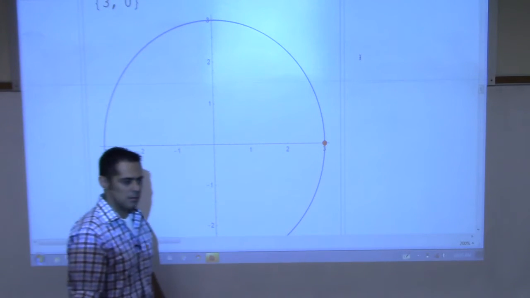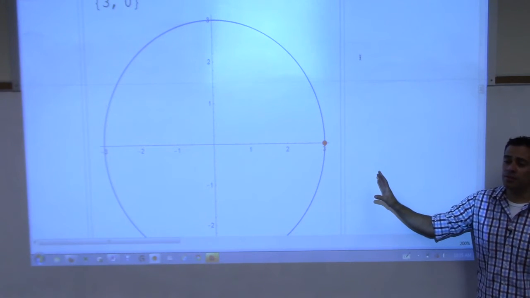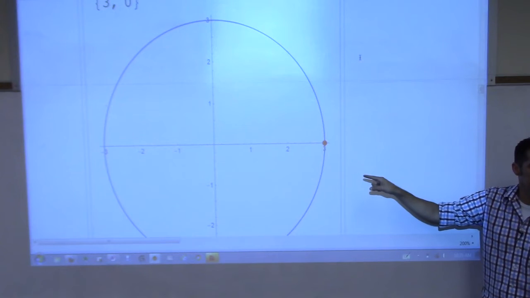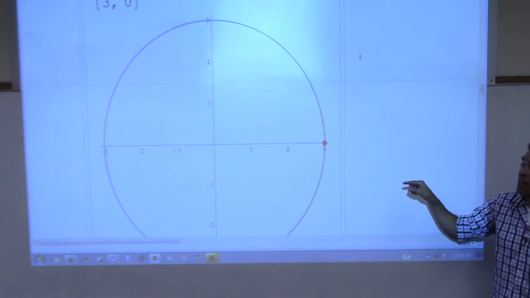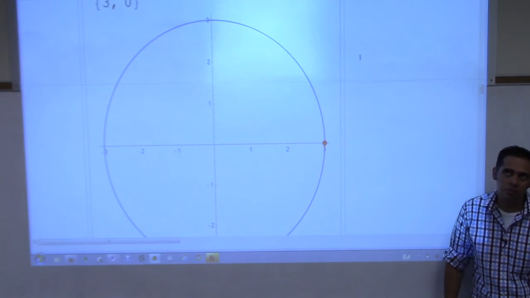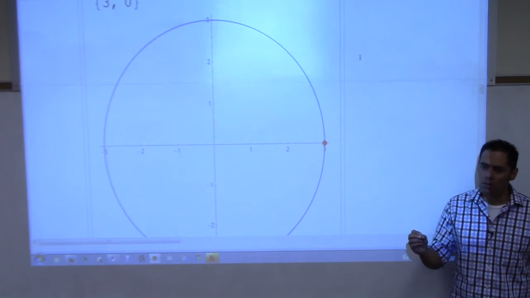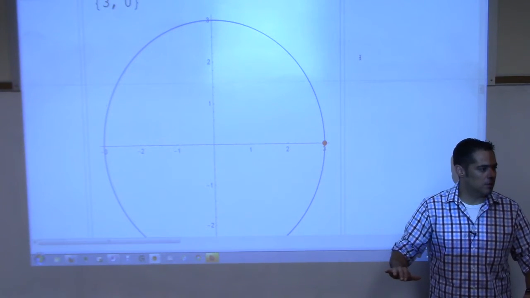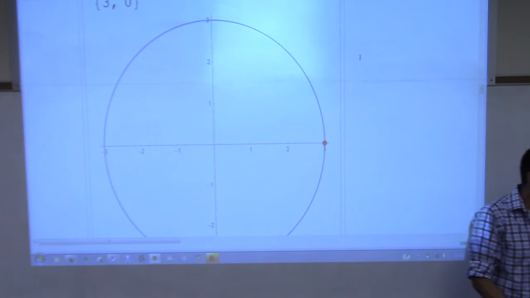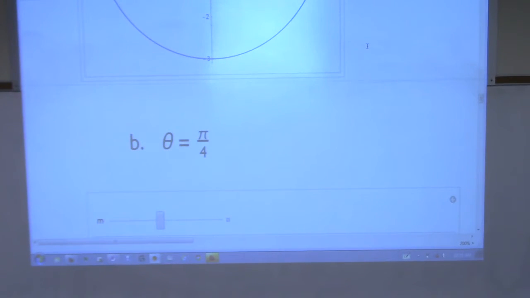Make sense? In polar coordinates, the equation of that circle is r equals 3. In Cartesian, the equation of that circle is x squared plus y squared equals 9, and that's more complicated. In polar, r equals 3. Simple. Sometimes it's easier to work with polar because it's simpler. How about this one?